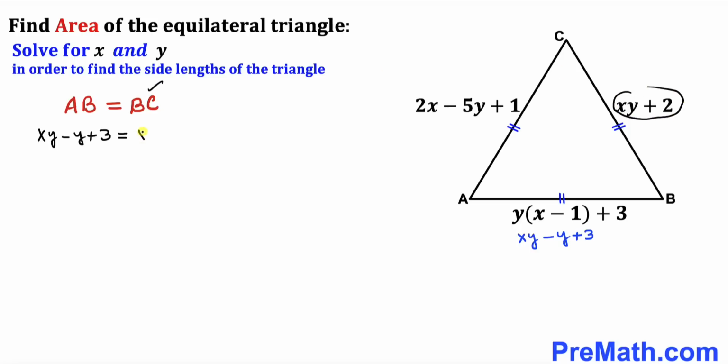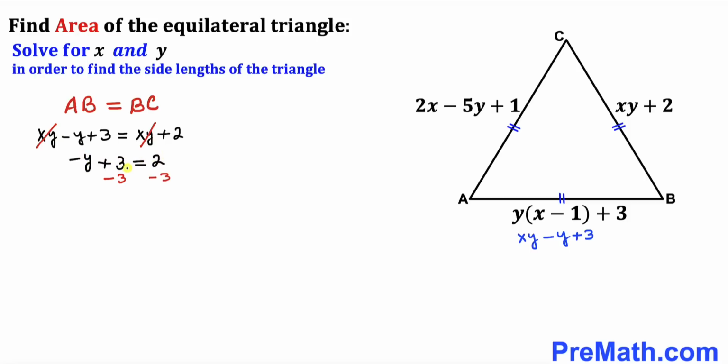Now we can see this xy and this xy are gone. So on the left hand side we end up with negative y plus 3 equals 2.